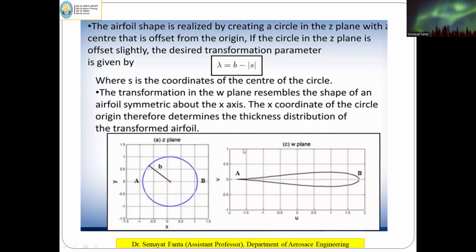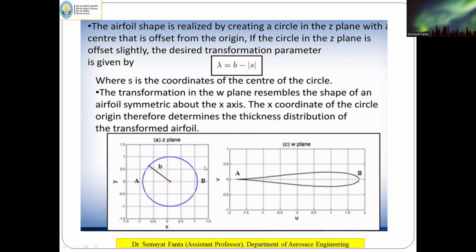The aerofoil shape is realized by creating a circle in the Z plane with a center that is offset from the origin. If the circle in the Z plane is offset slightly by some factor S, the desired transformation parameter is given by lambda equals B minus S, where S is the coordinate of the center of the circle, which gives the transformation in the W plane.